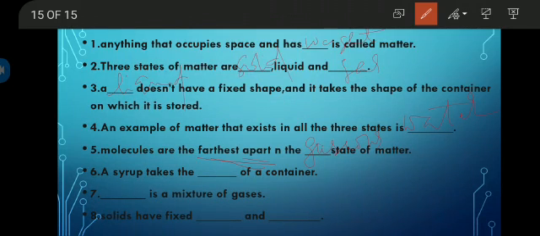A syrup takes the shape of a container. Air is the mixture of gases. I have already told you air is the mixture of gases. Solids have fixed shape and size. So this is all about your solid, liquid and gaseous states of matter.